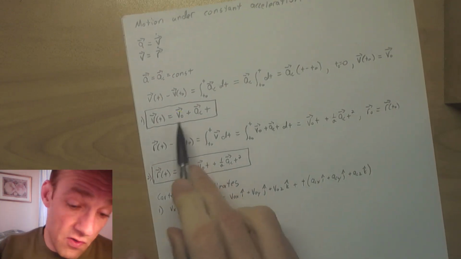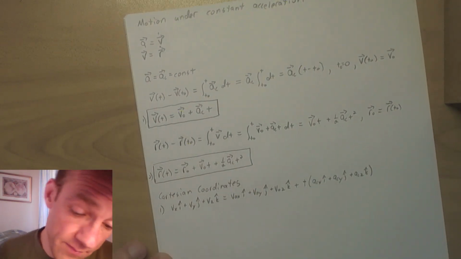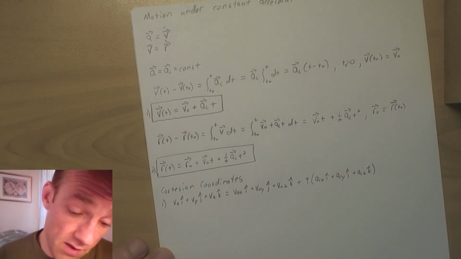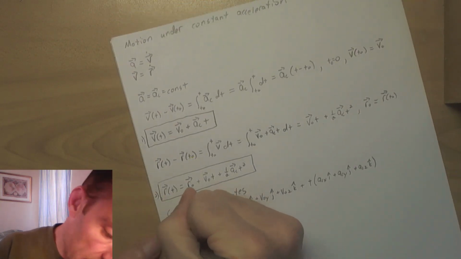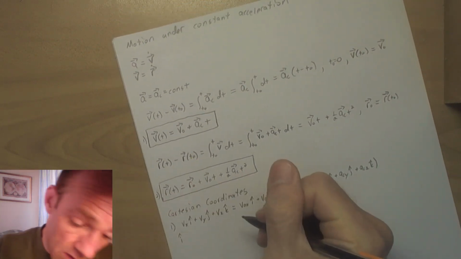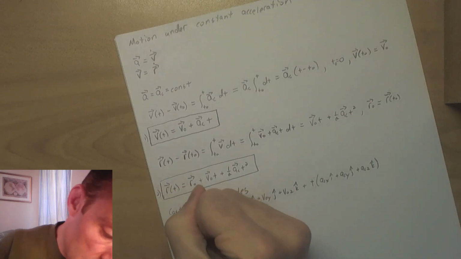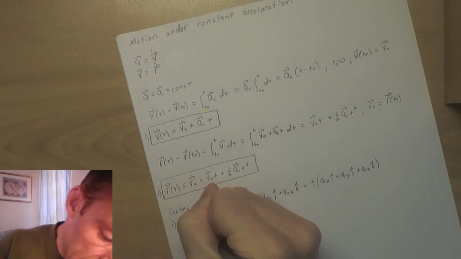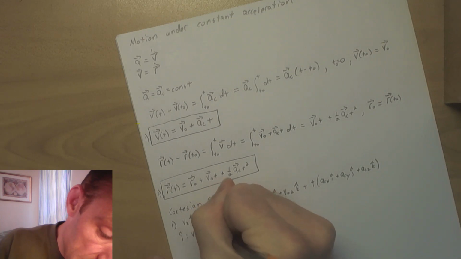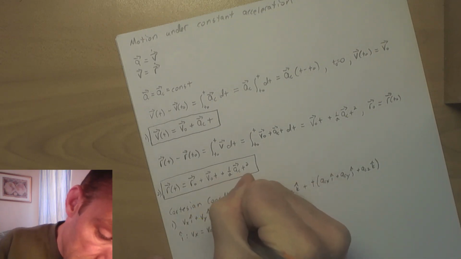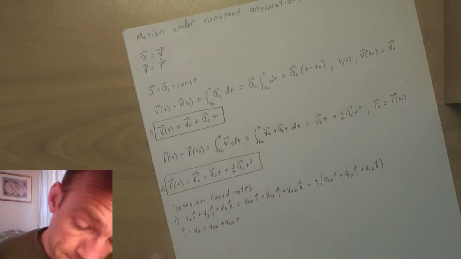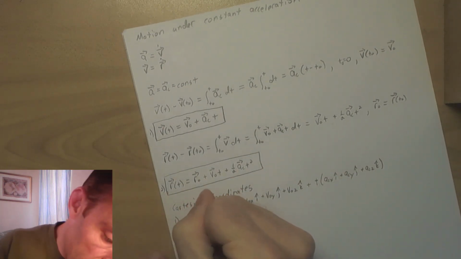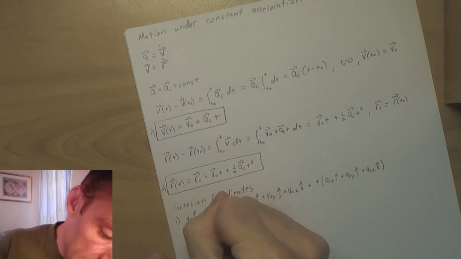Okay, so that's just this equation expanded out in terms of i, j, and k. And now what we have here are three independent equations in terms of i, j, and k. All right, so in terms of i, and then again, in terms of j, we have the y coordinates.